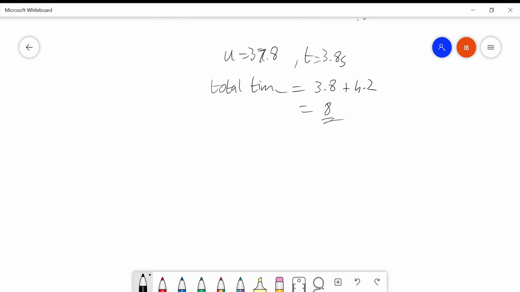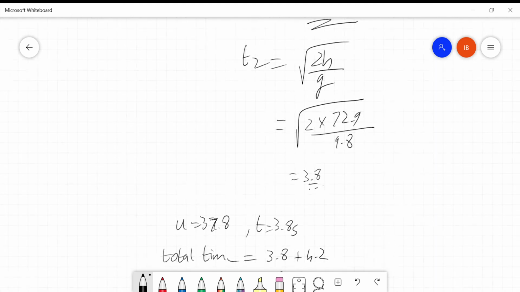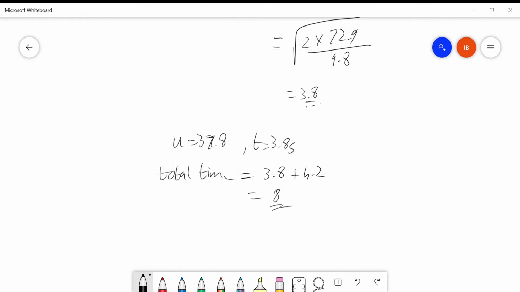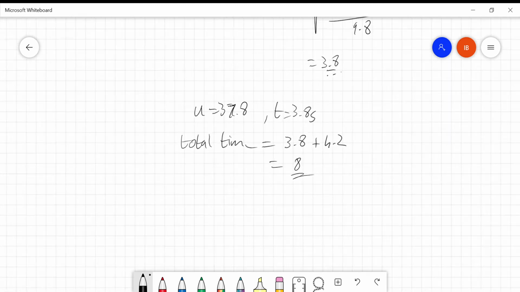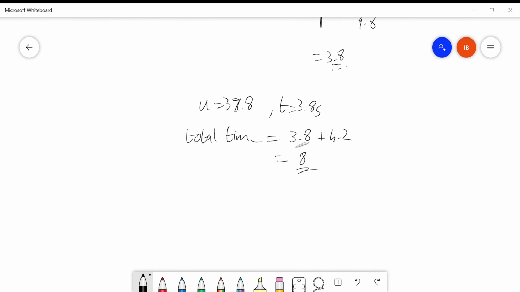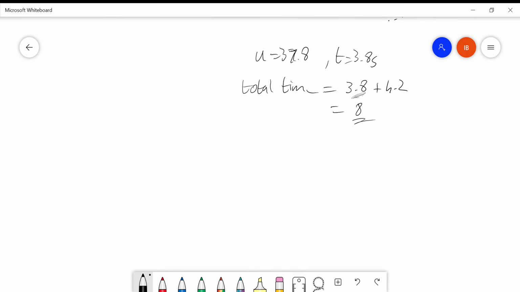Then the ball, after the first collision it takes 4.2 seconds to fall, and then after the second collision it takes 3.8 seconds to fall. At time of descent, the time will be equal to time of ascent.